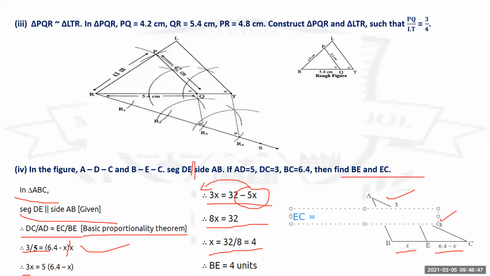EC equals 6.4 minus x. What is the value of x? You have got x as 4. So 6.4 minus 4 is 2.4.